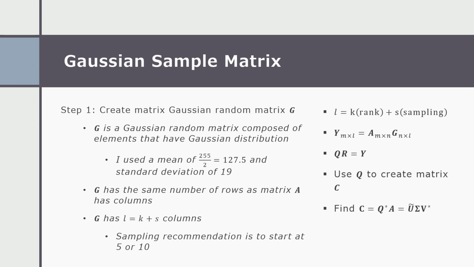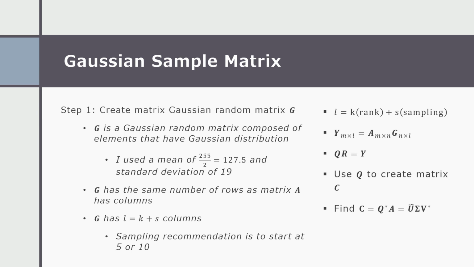My data is images, and grayscale images, or any image data point, ranges from 0 to 255. So I chose a mean of 127.5 and a standard deviation of 19, because it takes over 6 standard deviations to create an element outside of that range that I want.